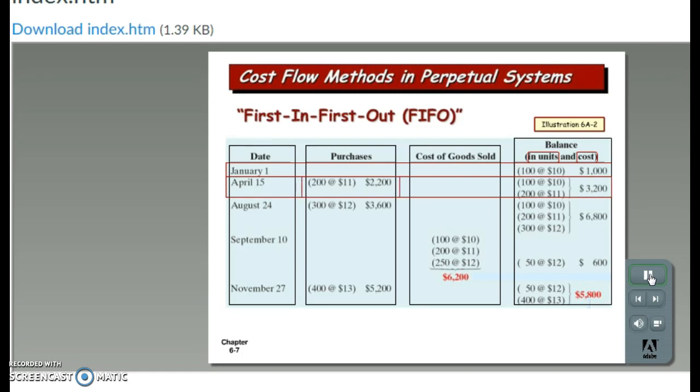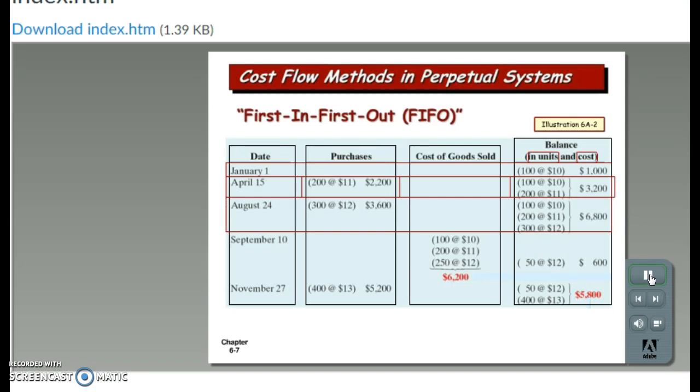On April 15th, the purchase of 200 units at $11 per unit for a total of $2,200 is included in the purchases column. The inventory balance after this purchase now consists of 100 units at $10 each and 200 units at $11 each for a total cost of $3,200.